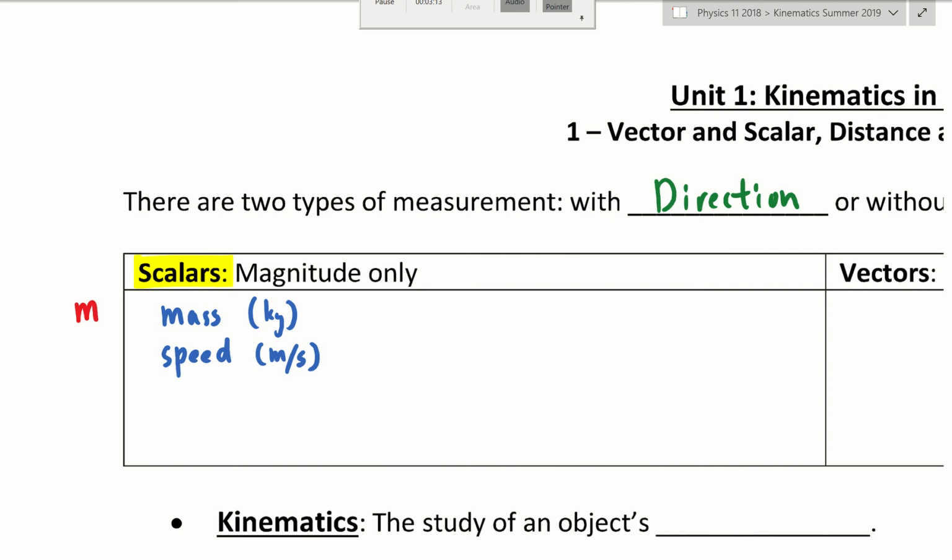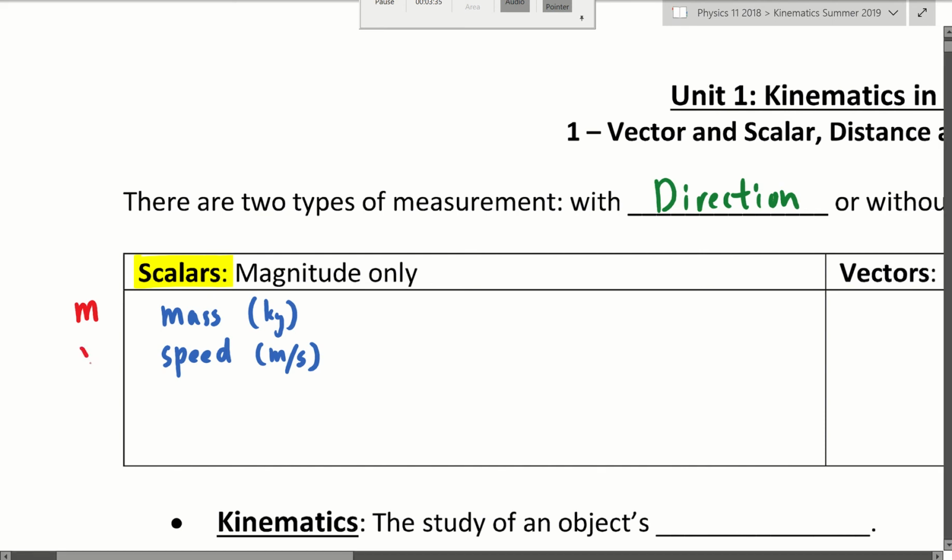You say 60 kilometers per hour. You don't have to say, I'm going down 5th Street, right? You don't have to say which direction you're going. The speed of a vehicle or person or an animal is magnitude only. So when someone asks you for your speed, they expect you to tell them the magnitude only. And that is also a scalar measurement.